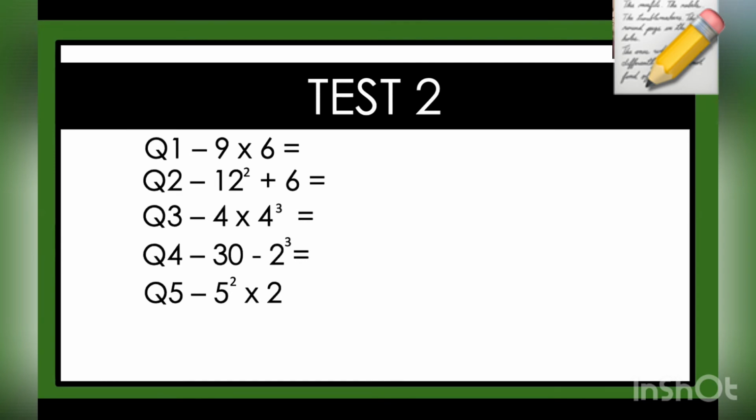Question 5, 5 squared multiplied by 2. Question 6, what are the 4th and 6th triangular numbers? So there's questions 1 to 6, halfway there.